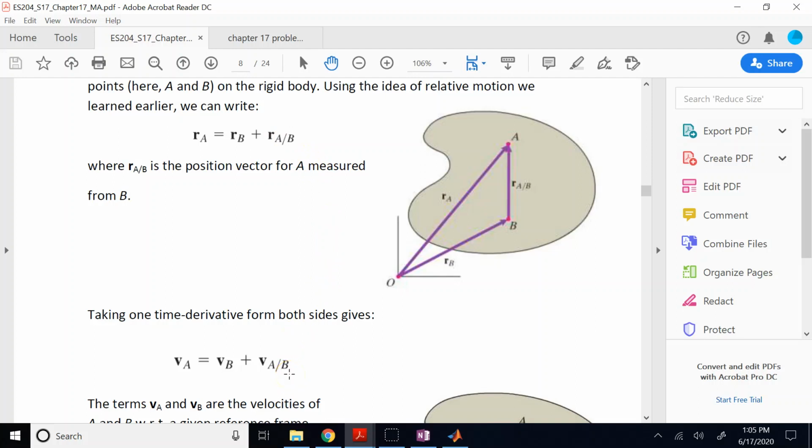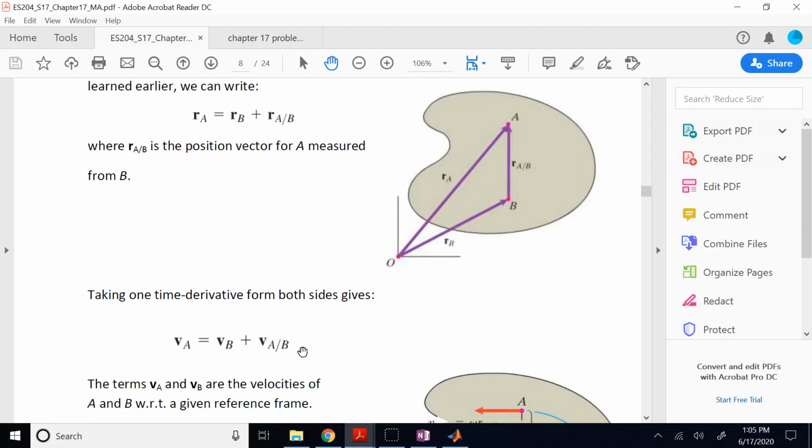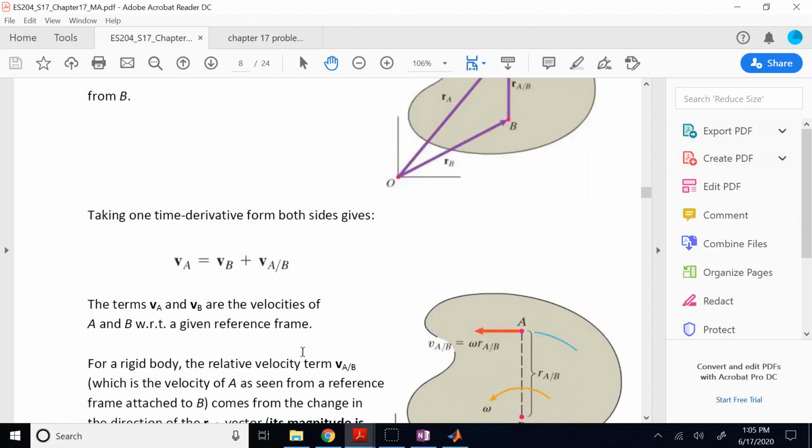Why does it have a time derivative? Because it rotates, because the orientation of that does change as the rigid body rotates, right? So the change in R of A with respect to B with respect to time is not due to change in its magnitude, it is due to change in its orientation.